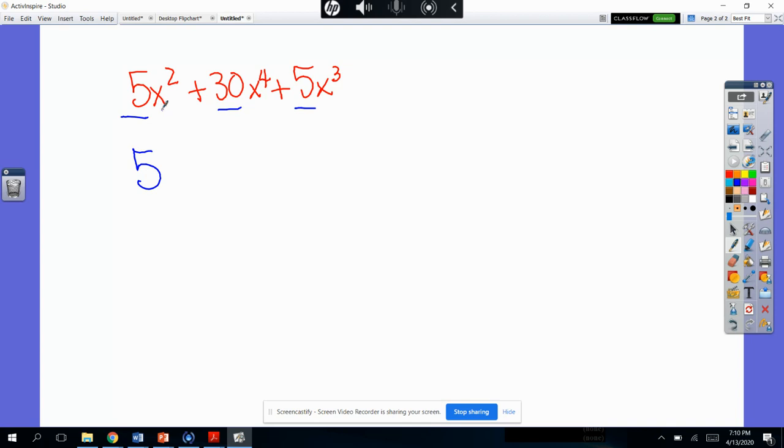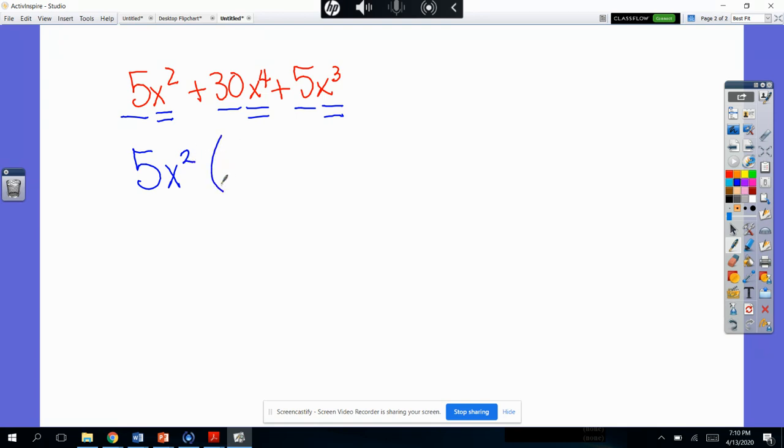Then I look at the x's: 2, 4, and 3. They all have at least 2, and you can't take out more than they have, so it's the smallest exponent: x squared.